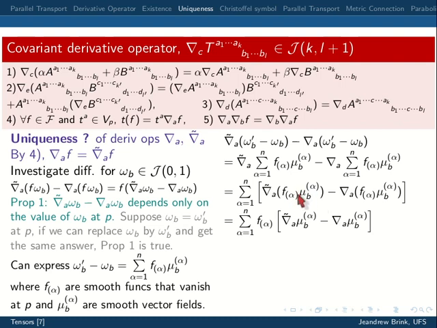In fact, we make use of the thing that I proved earlier, that this difference is simply f times only the operator applied to the vector fields themselves. So to go from this step to this step, I've simply used that thing I proved earlier. And because f vanishes at the point, this thing is in fact 0.